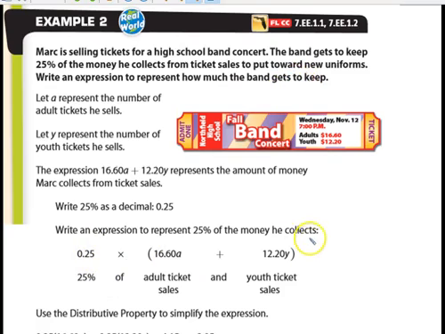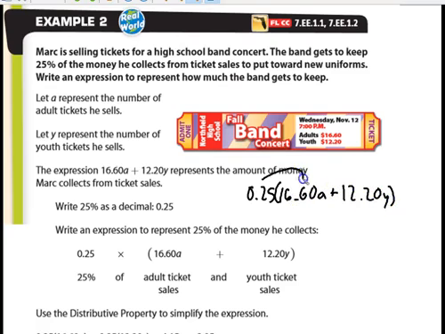So it's gonna be 0.25 parentheses 16.60A plus 12.20Y.